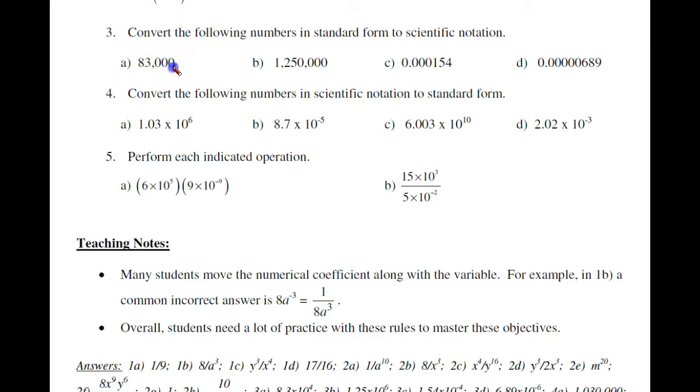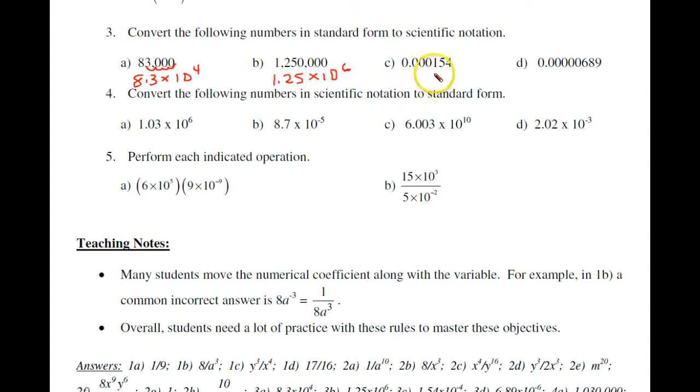So we're going to move the decimal 1, 2, 3, 4. 8.3 times 10 to the 4th. 3, 6, 1.25 times 10 to the 6th, 3, 6.